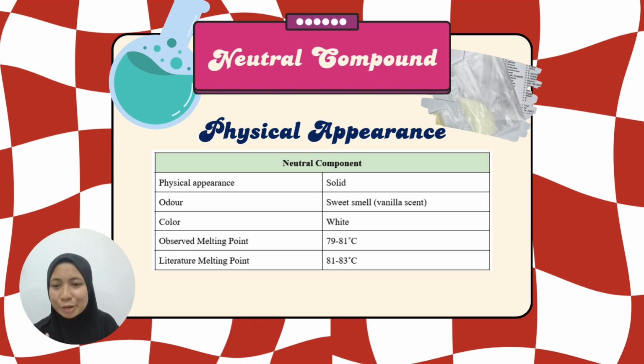The melting point that we get is around 79 to 81 degrees Celsius, which is just slightly different from the literature melting point, which is 81 to 83 degrees Celsius. So it means that it is consistent with the melting point of vanillin.